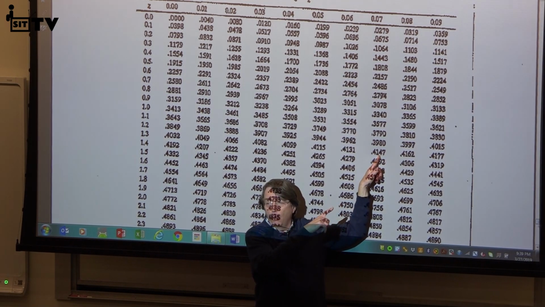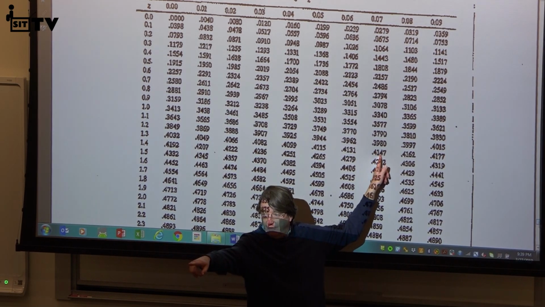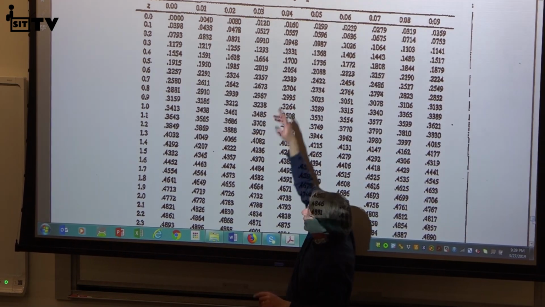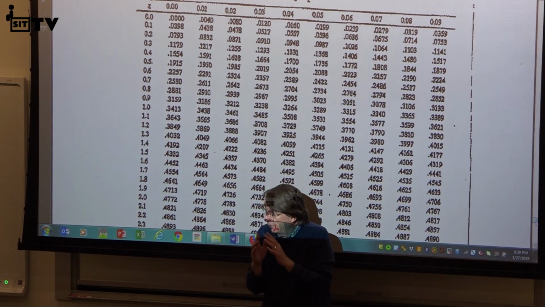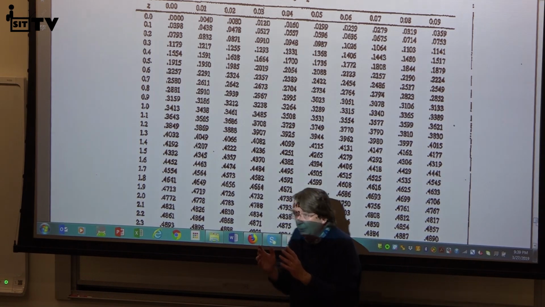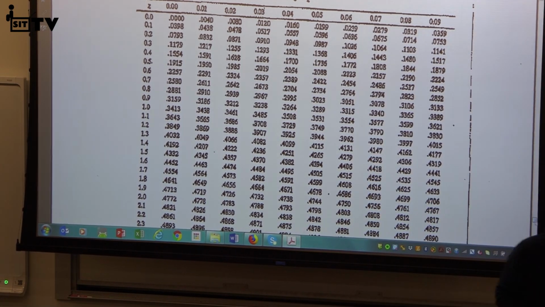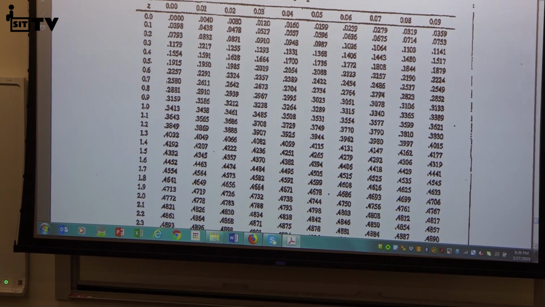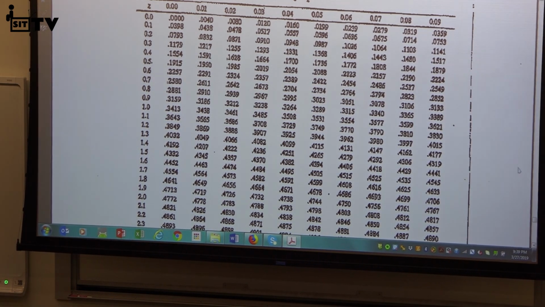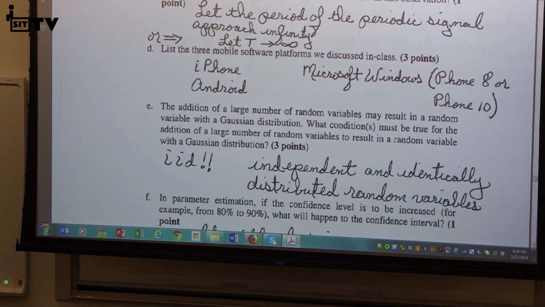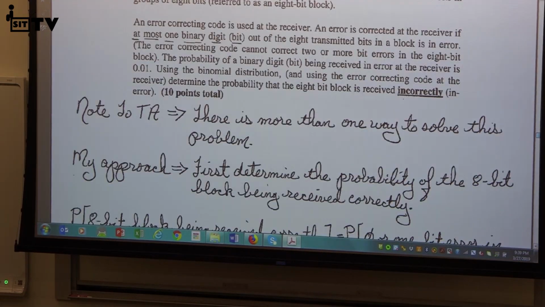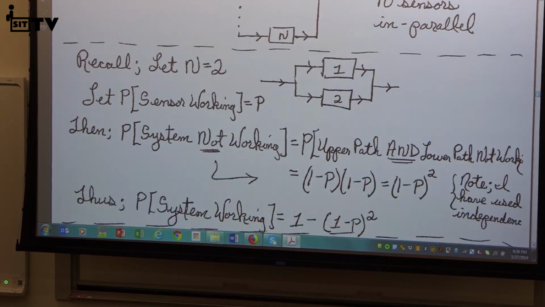Right? 0.4147. Justin, what have I found? I found the area on a single side of the curve from 0 to z, and it's 0.4147. So my colleagues, what is the total area from minus to plus? Twice that. Very good.